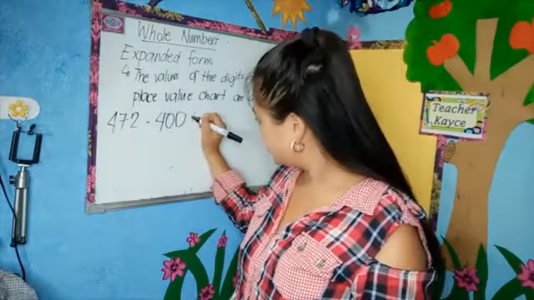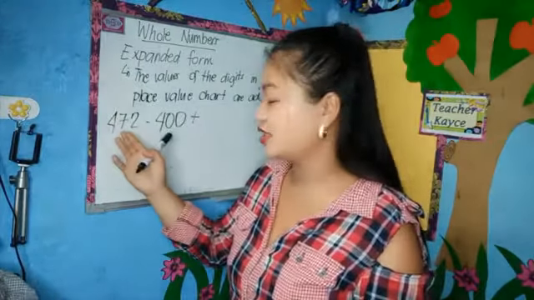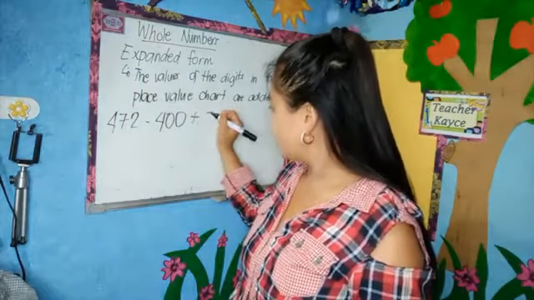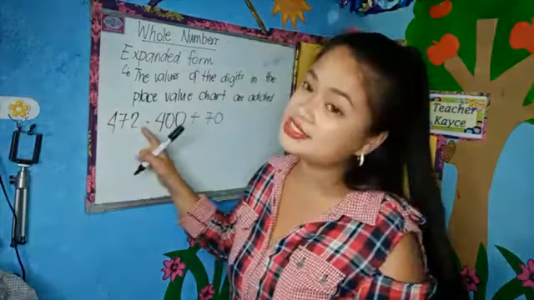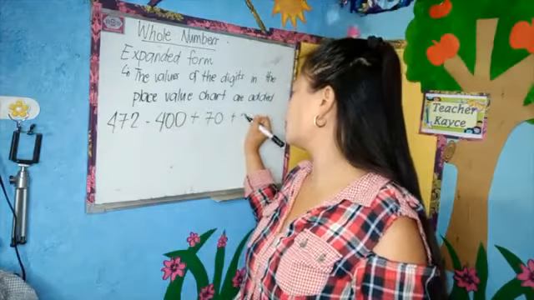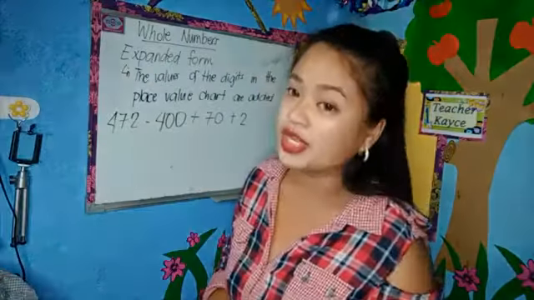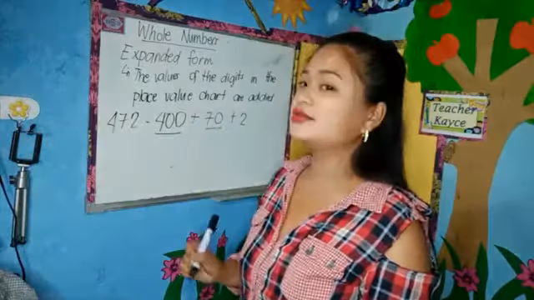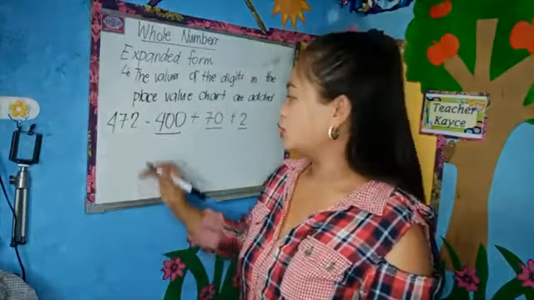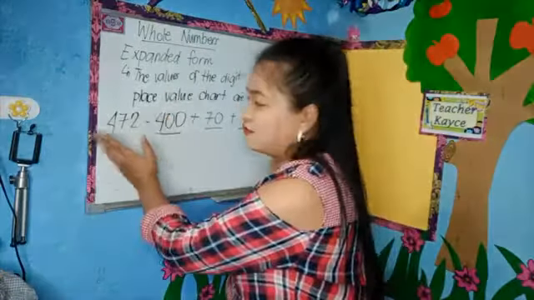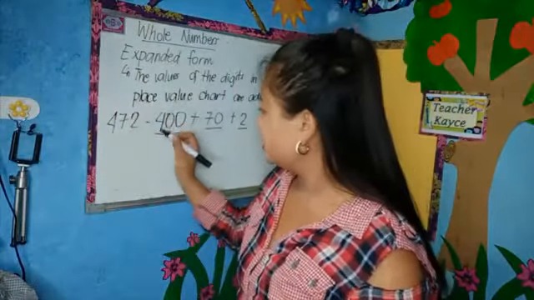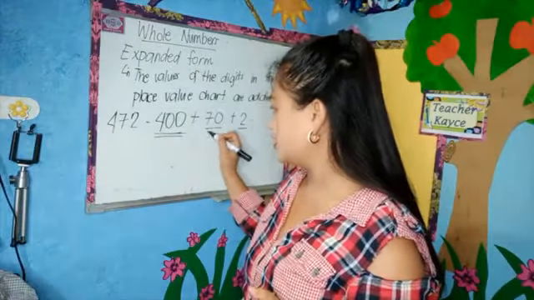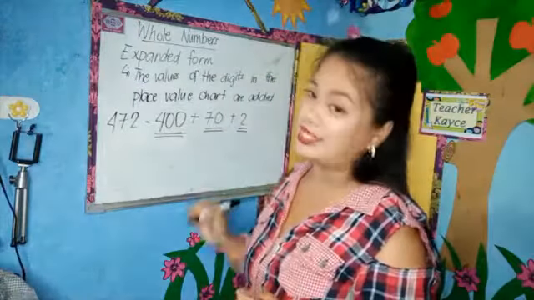So let's add, plus sign. We have here 7 serves as your 70 in your place value. So 70. And the last digit is 2. Another way to read it: if we expand the form of 472, we will have 400 plus 70, plus 2.